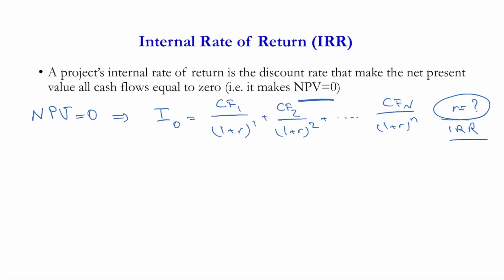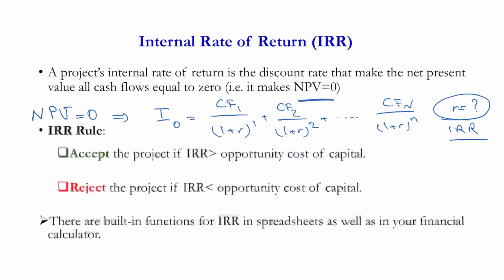But now let's see what is the decision rule of IRR. The IRR decision rule is as follows. First of all, we need to calculate the IRR for the project, and then we need to compare it to the cost of capital for doing that project.